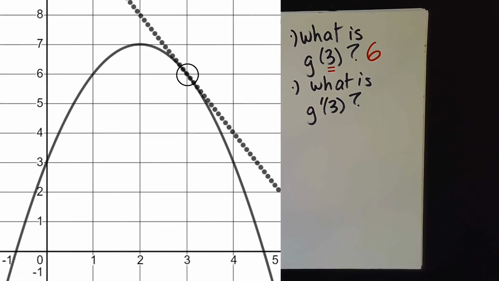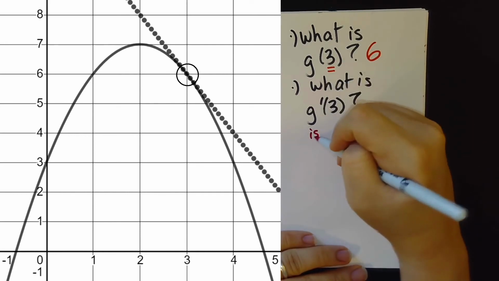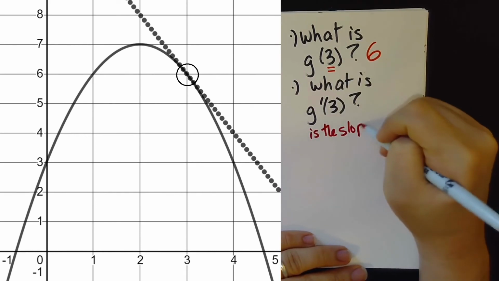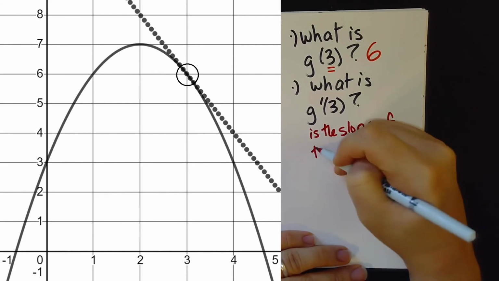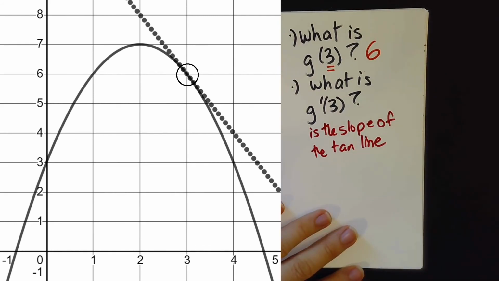Note, in this case, I've shown the tangent line in dots. The only reason is because usually in the packet I show the tangent line in dots or dashes just to distinguish it from the graph that we're talking about. But g prime of 3 is the slope of the tangent line. And I can draw in the tangent line like this. And so g prime of 3 is this slope.